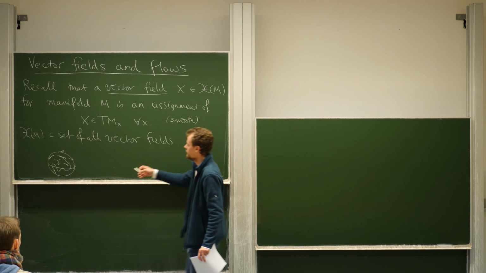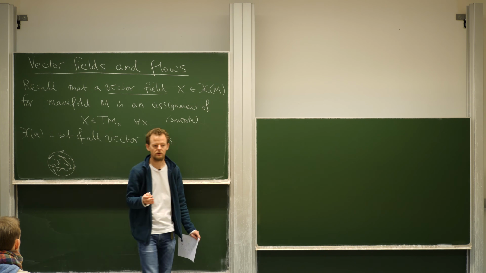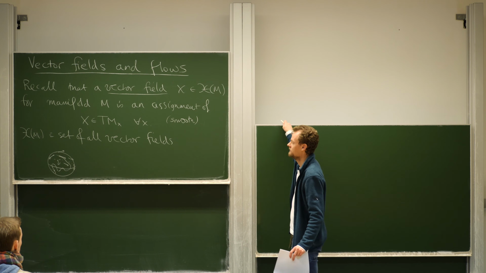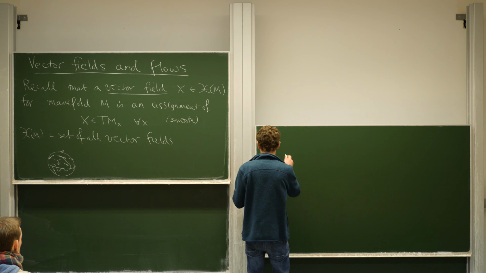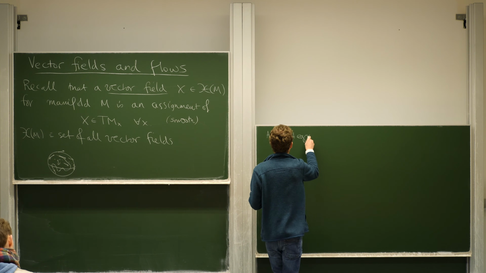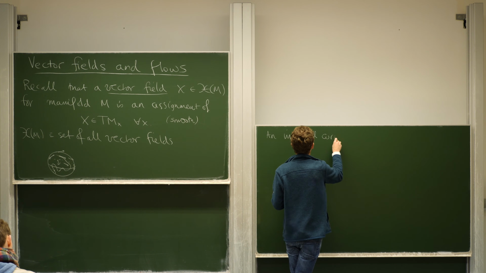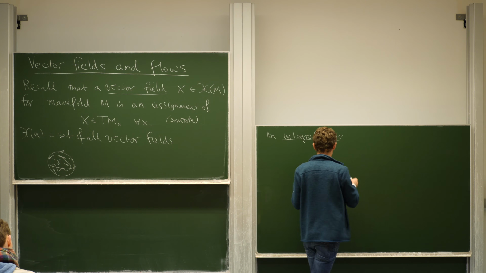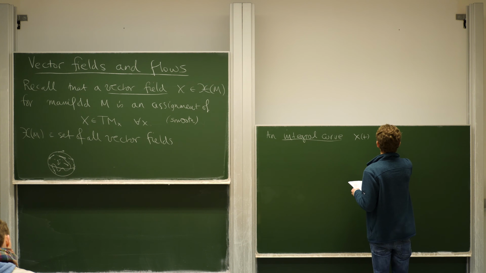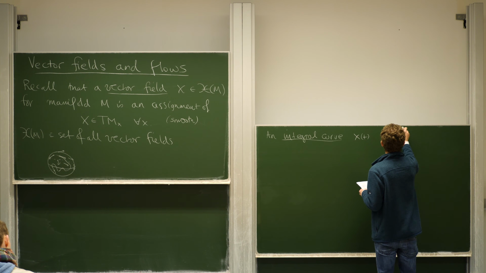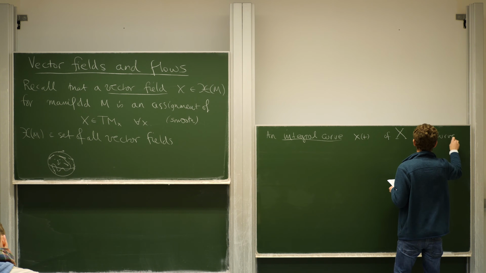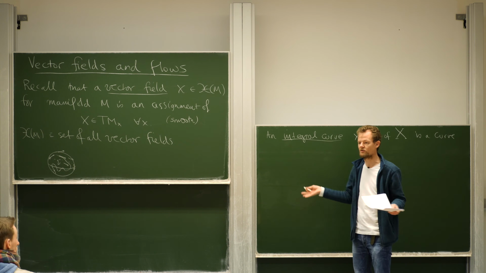So let's give a name to this idea of a curve which has the vector field tangent to it at each point along the curve. It's called an integral curve, little x of t. Well, what is an integral curve?